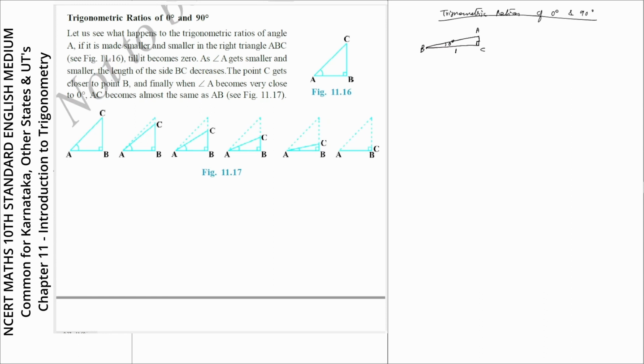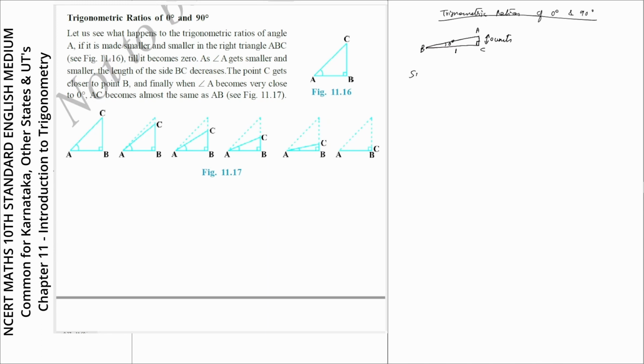When B is very small, then BC is almost equal to AB, and length of AC will be almost equal to 0. Okay, this will be 0 units.